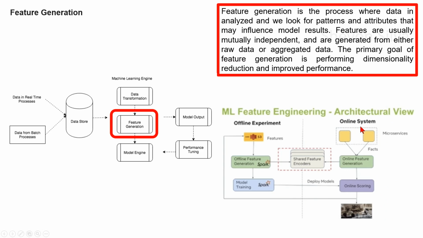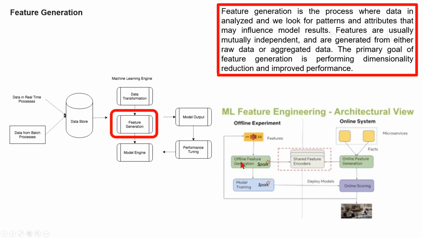Here you can see the online system and offline experiment. In microservices, you get facts from facts to online feature generation. These features are moved to shared feature encoders and also move to online scoring. Then it can move back to features.